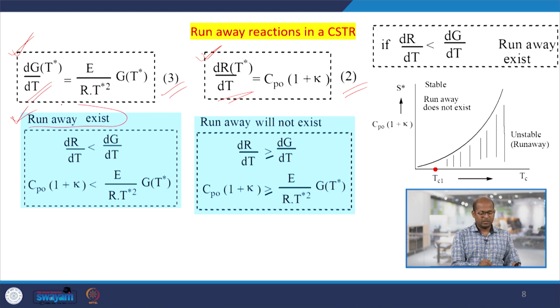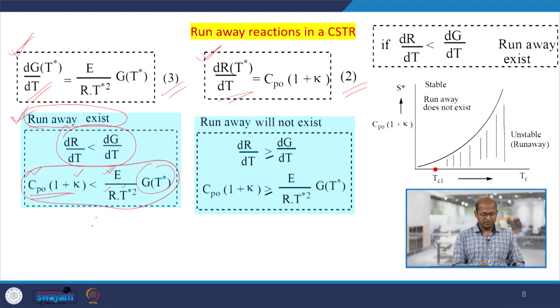Now, runaway conditions exist when dRT by dt is less than dG by dt. So we have to find the value of kappa Cp naught multiplied, and we know the activation energy term T star R GT star.